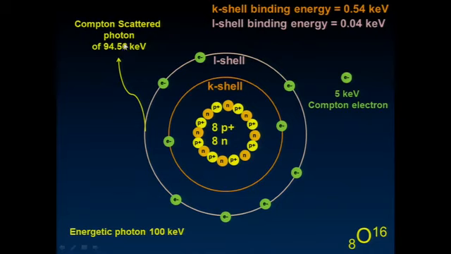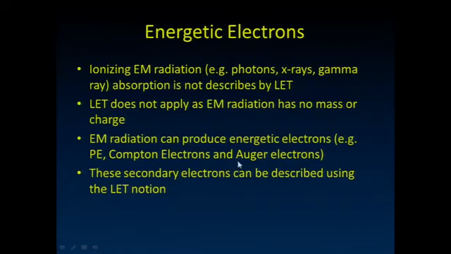And we said this can either escape the body and maybe not strike our film, escape the body and backscatter and put dose in the operator, let's say during a fluoro exam, or this could interact with some other electron in the body and cause a photoelectric type interaction, or perhaps another Compton type interaction. So multiple different things could happen there. And so we then get this lower energy 5 keV Compton electron here, where part of that dose was imparted to it.